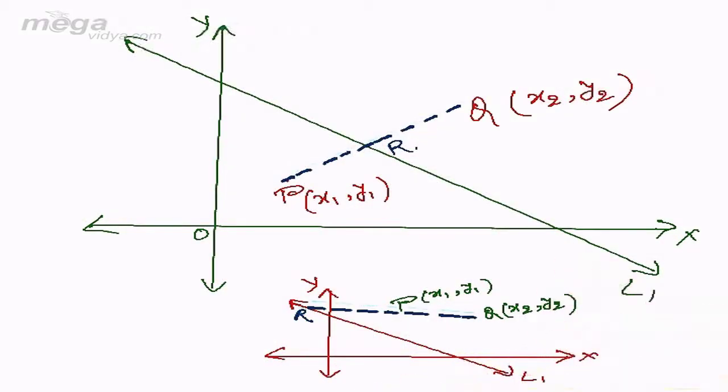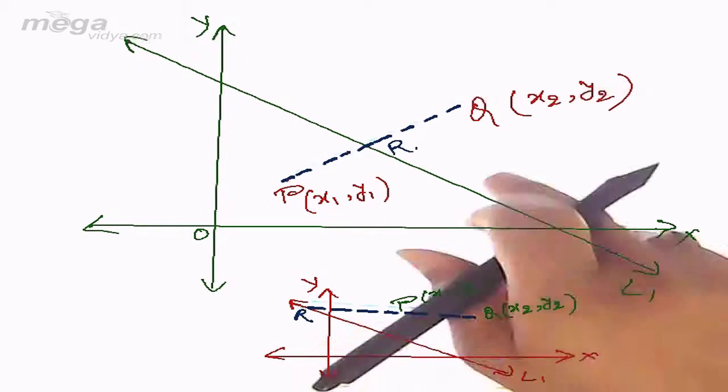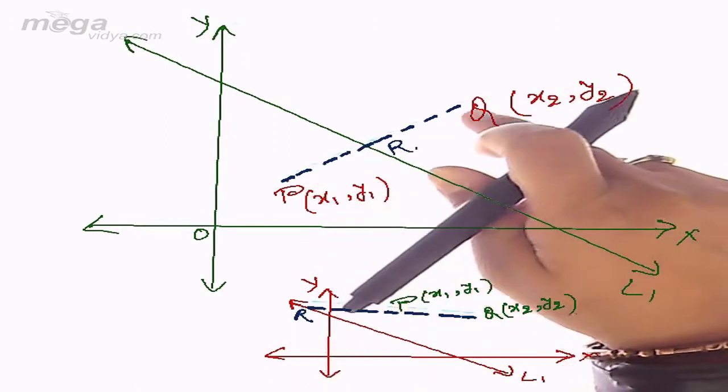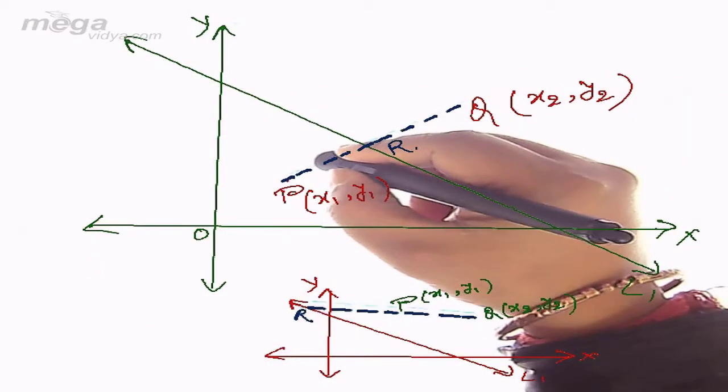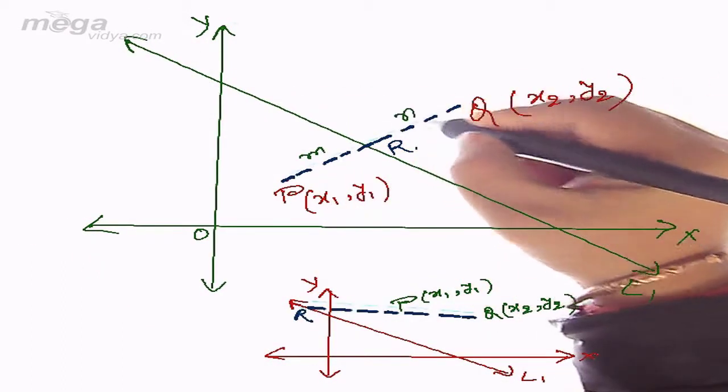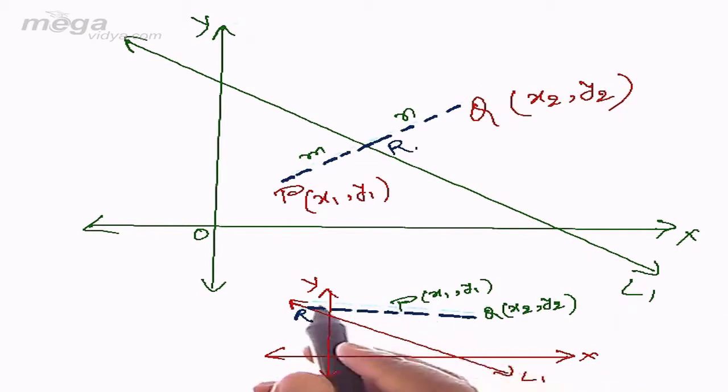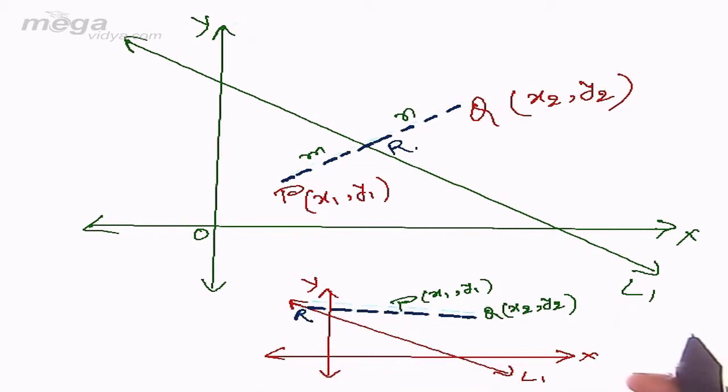I'm just taking that point as R. So this R divides the PQ in some ratio, suppose m is to n. If you consider this as m and this as n, PR is m and QR is n. Now we will find out the value of m is to n.